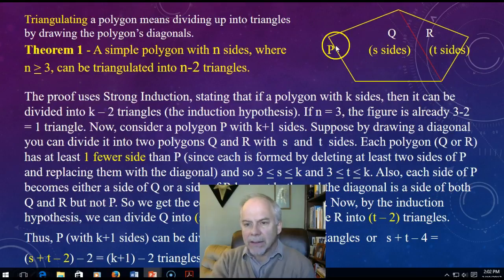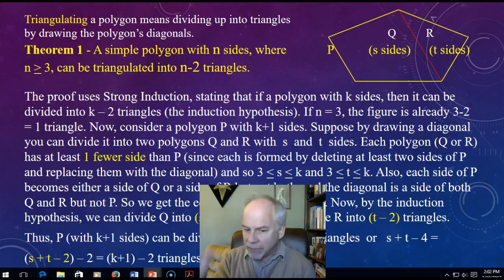All right, so if P has k plus 1 sides, I could draw a diagonal, and then it divides the polygon into 2 other polygons. Now, R doesn't necessarily have to be a triangle like in the picture. It could be another polygon, just like Q is another polygon.